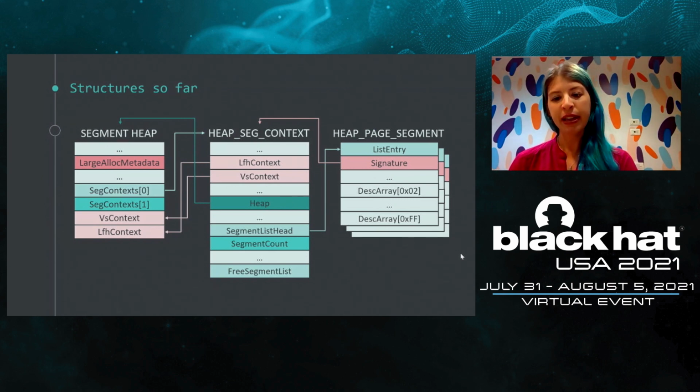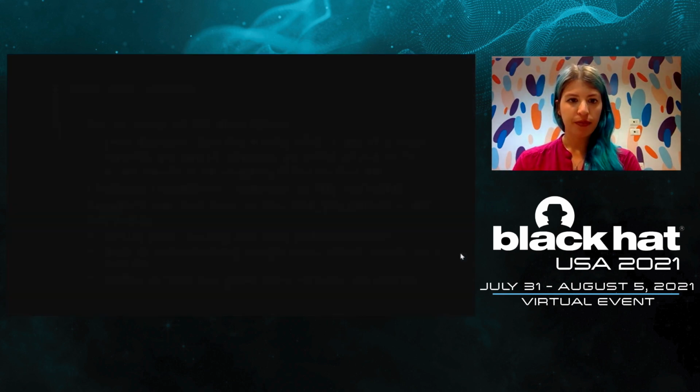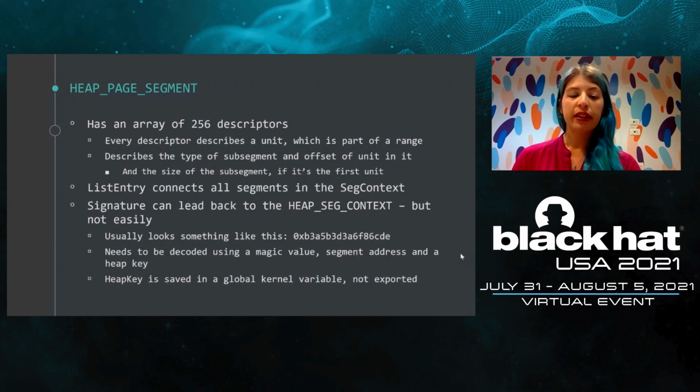And from those segments, we can get to the actual allocations. Now, how do we do that? The heap page segment structure is in the beginning of the segment, meaning for every pool block, if we go to the beginning of its segment, meaning either the beginning of the megabyte or the beginning of its 16 megabytes, we'll find the heap page segment structure.